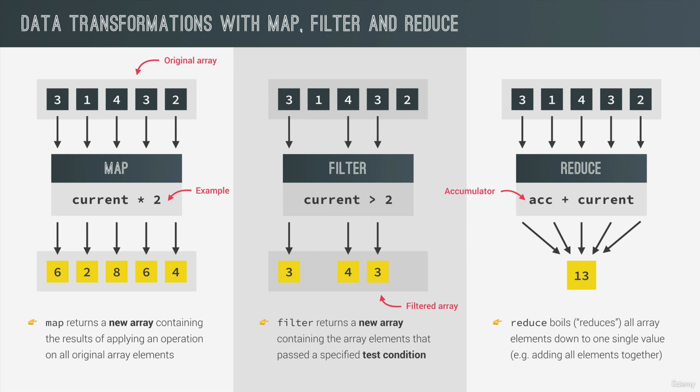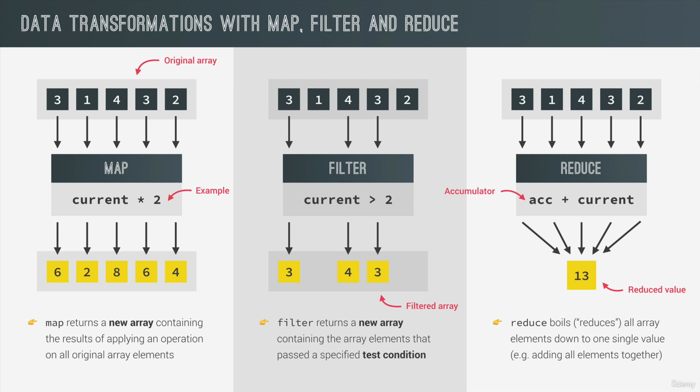So you can imagine this as a snowball that keeps getting bigger and bigger as it rolls down a hill. And so this is known as the snowball effect, and reduce is pretty similar to that. Okay, so keep that in mind as a nice analogy. Now we also say that this whole process has now reduced the original array to one single value, which in this case is the sum of all the elements, but it can of course be many other operations.